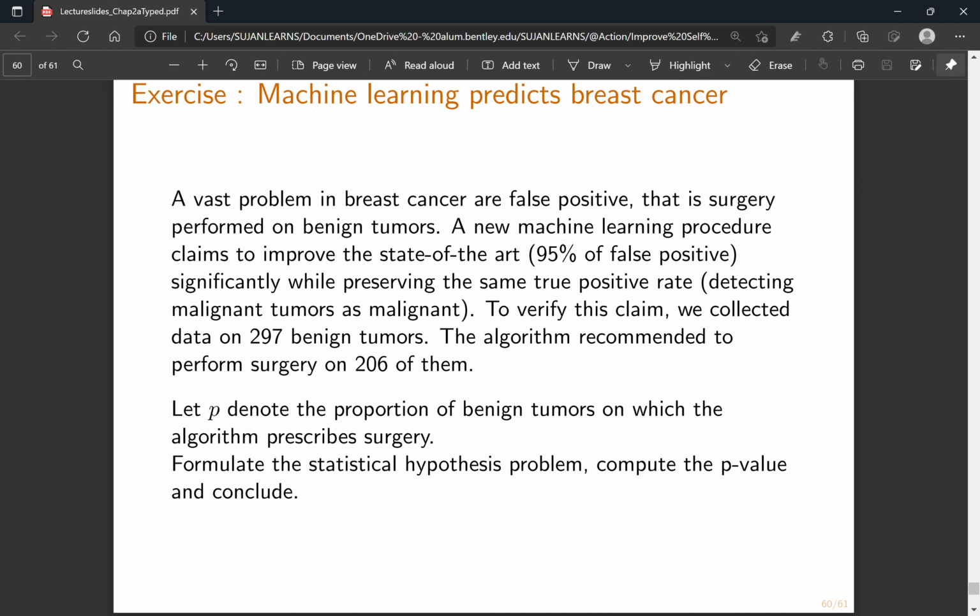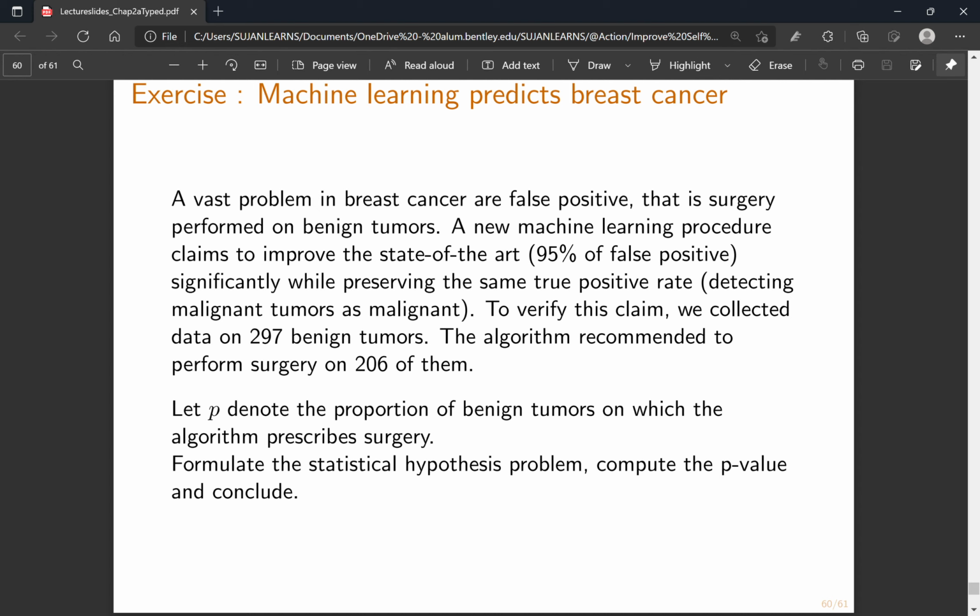How do we do that? We'll take the attributes or features of patients, such as blood pressure, age, and other attributes, and put them through the algorithm, and the algorithm will say whether it is a tumor or not. We did this test on 297 benign tumors, and it returned 206 of them as eligible for surgery.